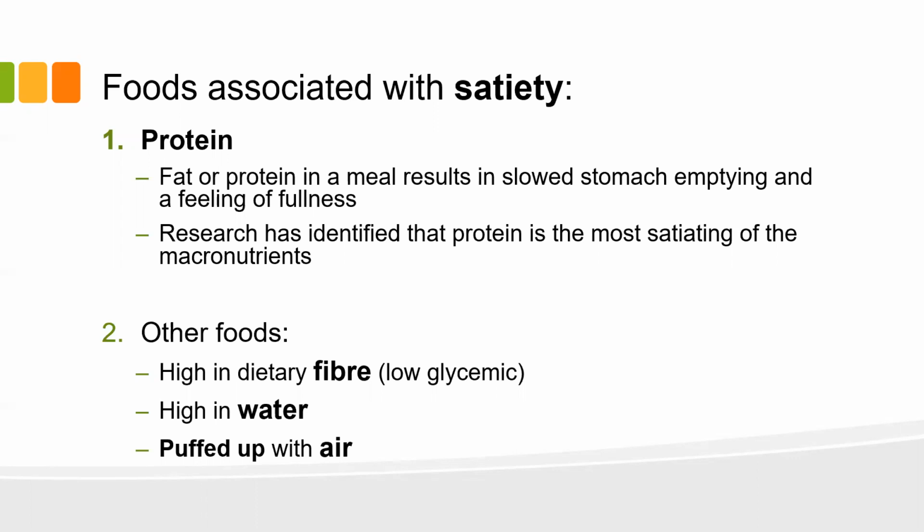Other foods that are high in water, or even foods that are puffed up with air. So I'm not sure what category of food that means. The one I keep thinking about is like Cheetos and cheesies and those kinds of things. And if you don't chew them very well, then they're puffed up with air. But you can imagine lots of foods might have air and volume to them.